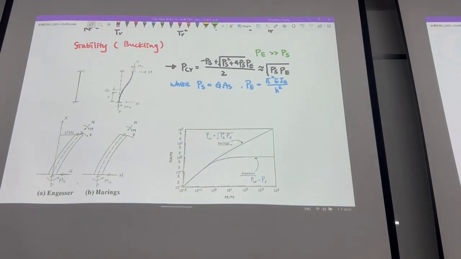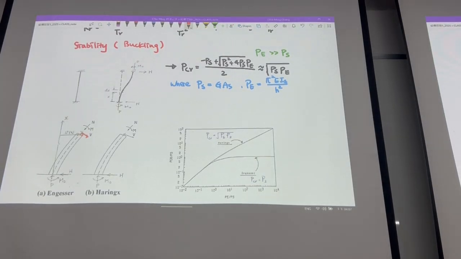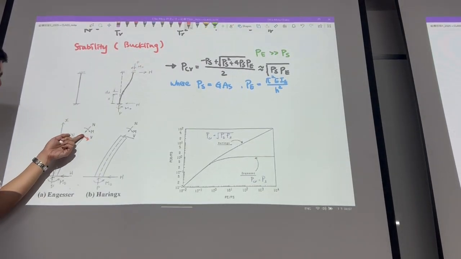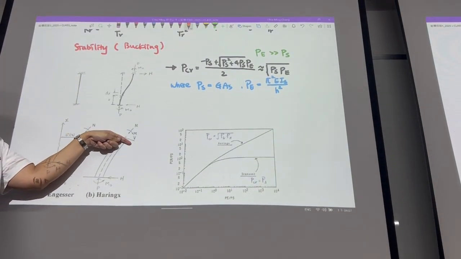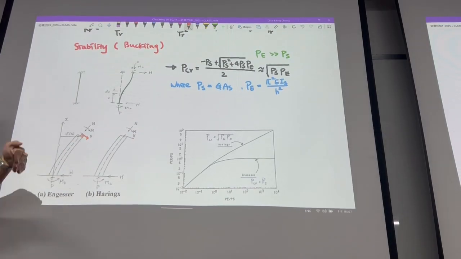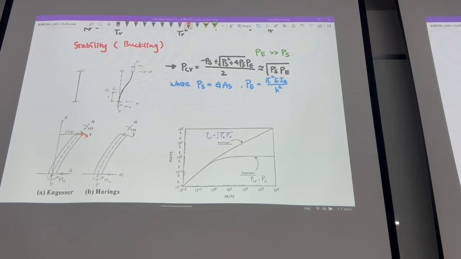So the difference is that if you look at the shear force here, it's perpendicular to your neutral axis. But actually, the shear force should directly apply to the cross-section surface. So this one is right.